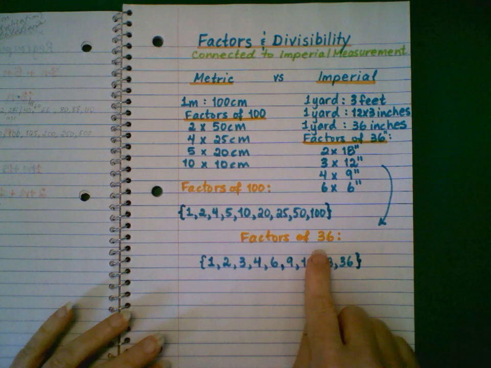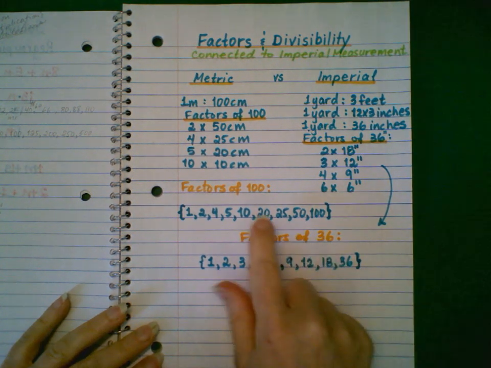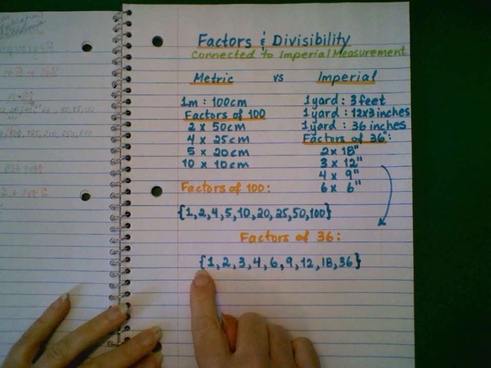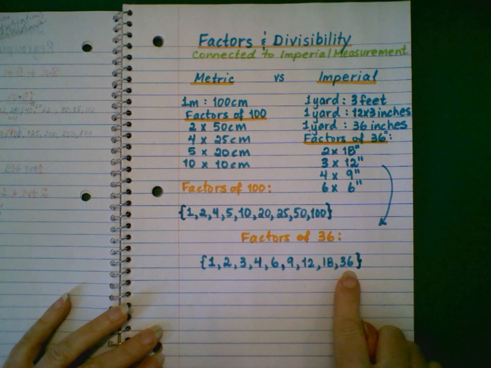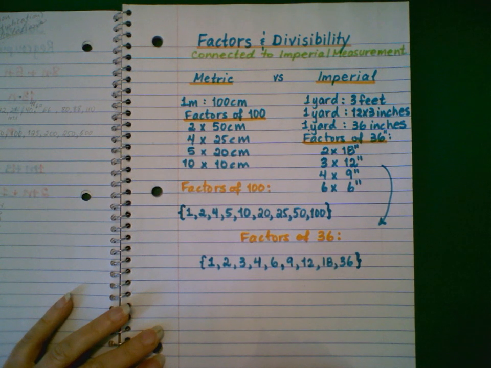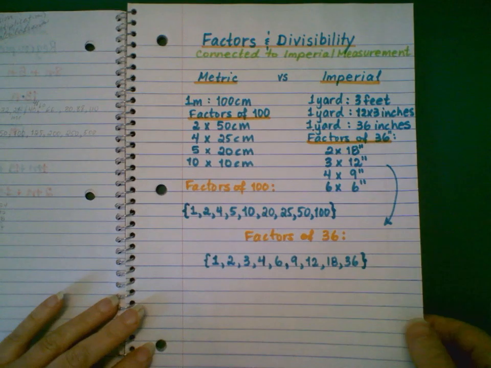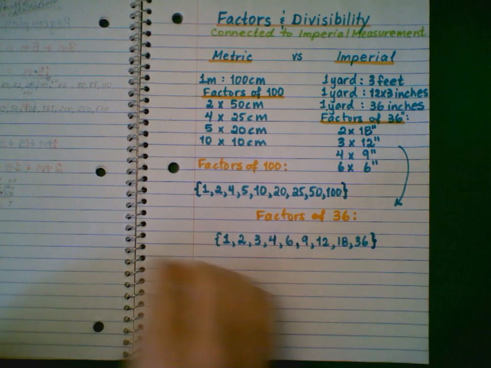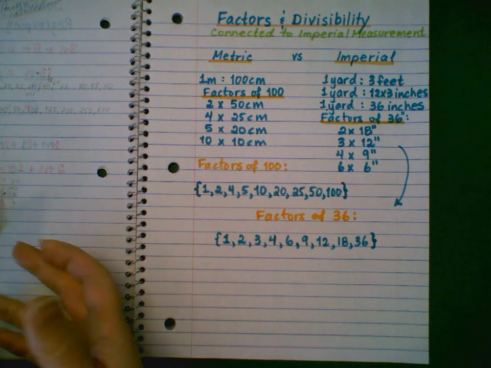So despite the fact that 36 is a much smaller number than 100, the number of ways it can be divided up, the number of divisions that are possible, is the same. So it's quite a rich number in terms of its divisibility. Some other values are less divisible.